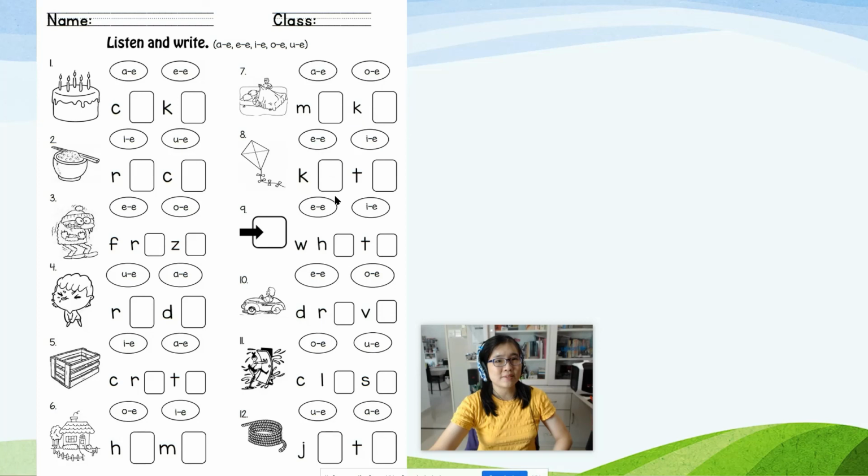Number 8, kite. Number 9, white. Number 10, drove.